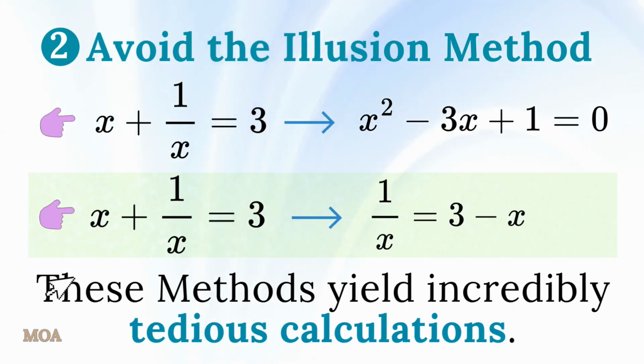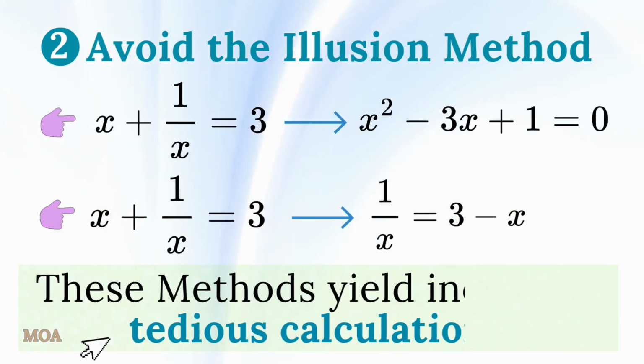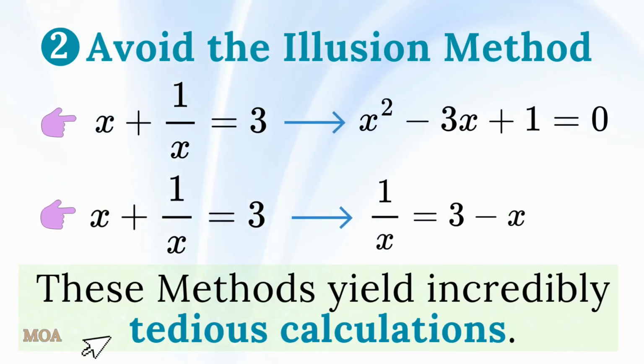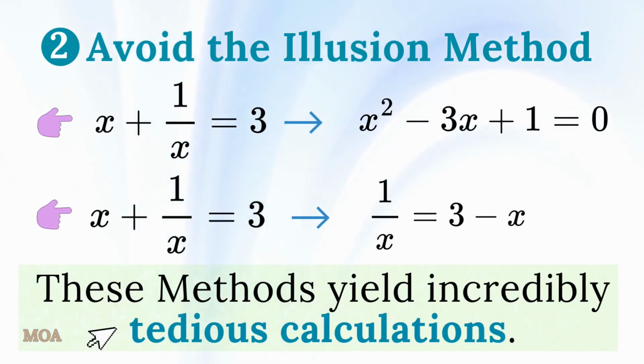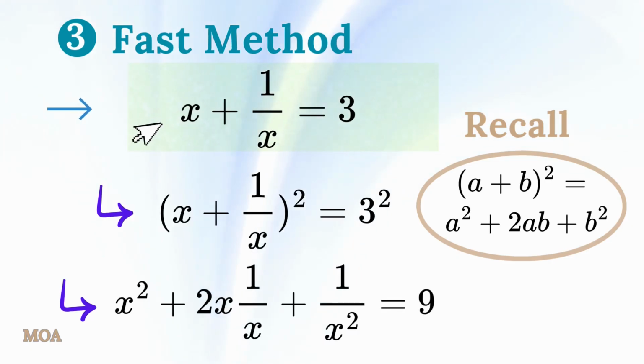Or if they substitute 1 over x equals 3 minus x directly into the expression e. These methods yield incredibly tedious calculations, waste your time, and usually lead to no results. So, avoid adopting these methods. Good. Now, let us start with the correct and rapid method.